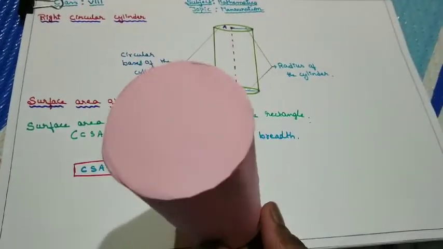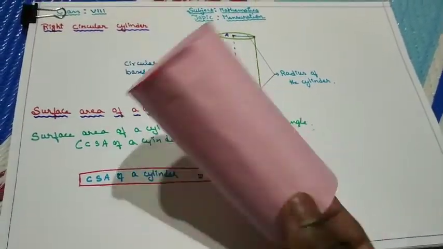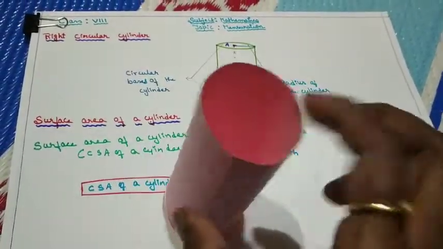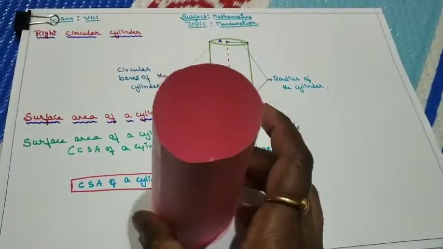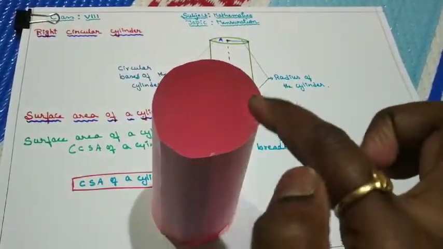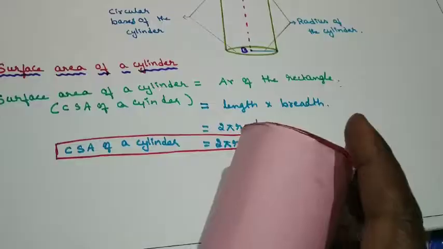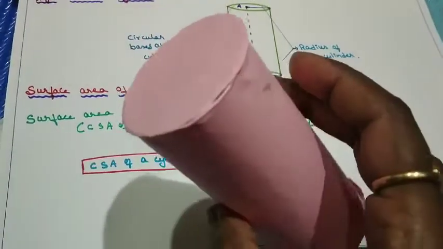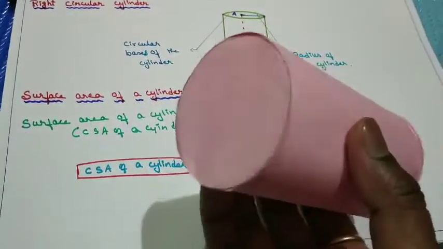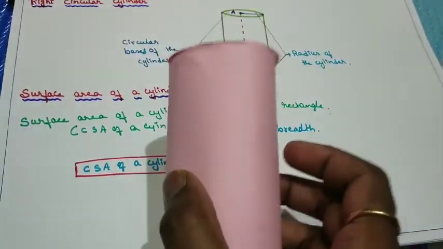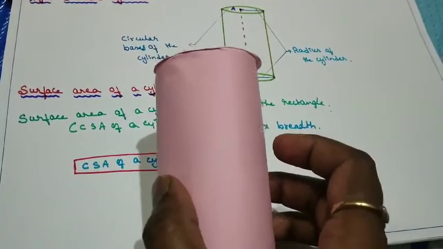You can see here one face of the cylinder is closed. It has become like a pen stand. Now I am going to cover this face of the cylinder also. Now it can be observed that both faces of the cylinder have been closed. Then this becomes the TSA of the cylinder.